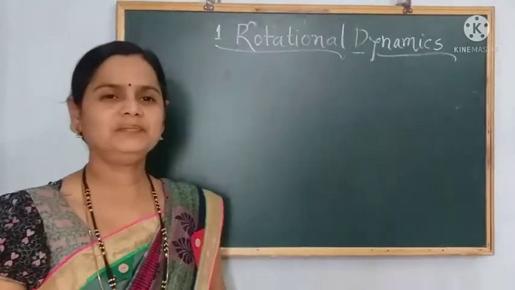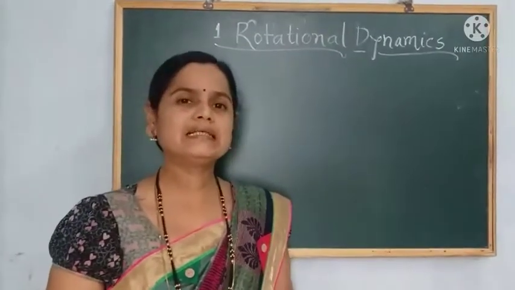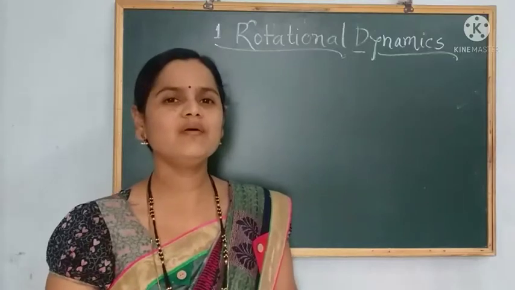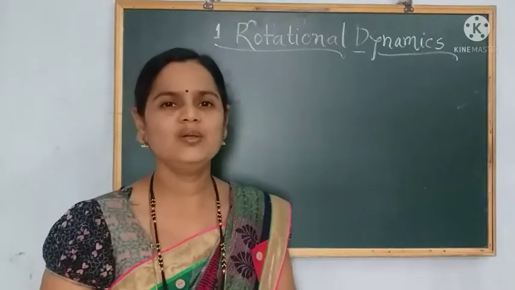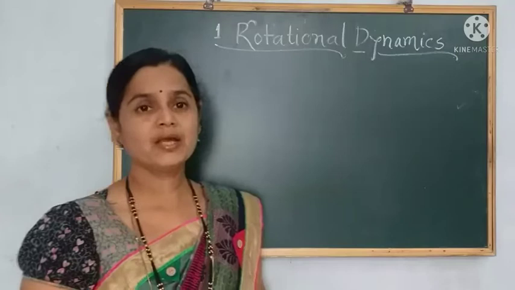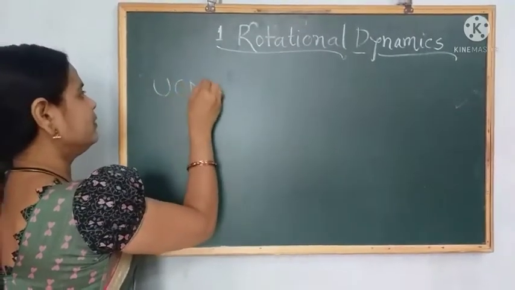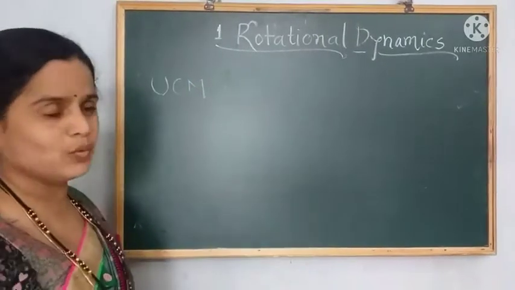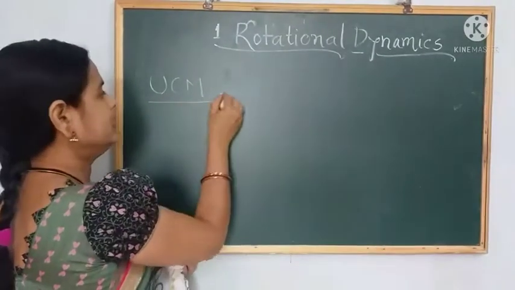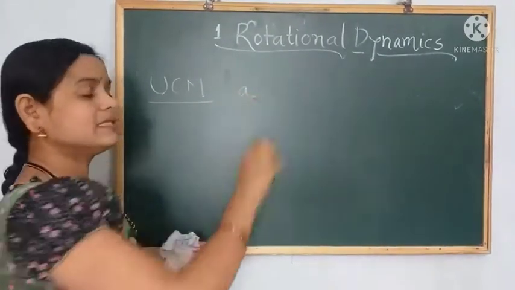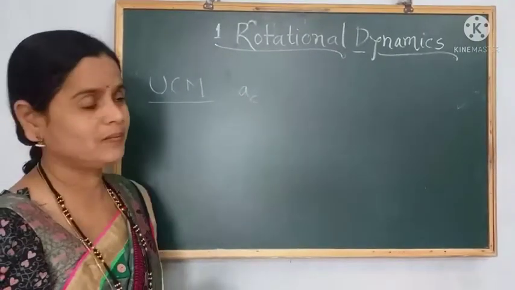So students, we have seen the accelerations produced in uniform circular motion and non-uniform circular motion. Whenever a particle is performing uniform circular motion, the acceleration is called centripetal acceleration.